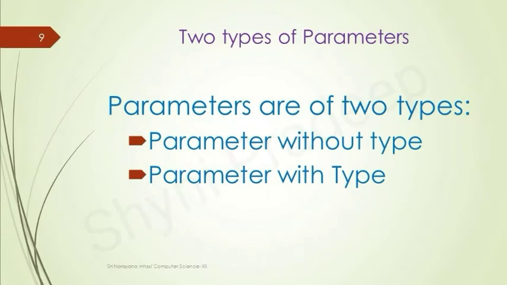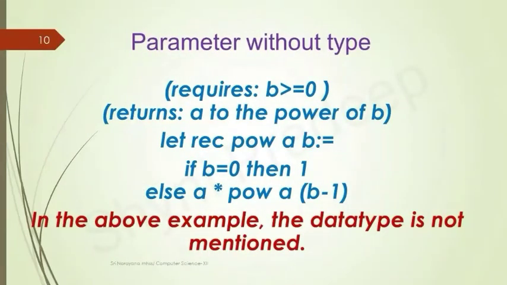Okay. First let us see parameter without data type. Let us see one example. In this example, recurse means precondition and returns means postcondition. You have to evaluate the precondition before the execution of the function. You have to evaluate the postcondition after the execution of the function.